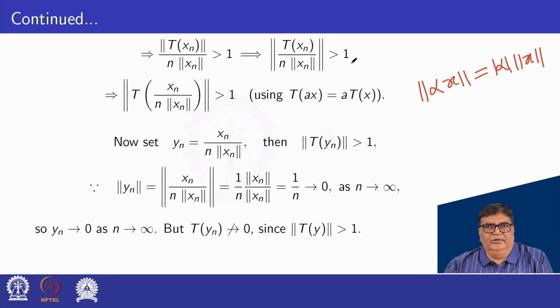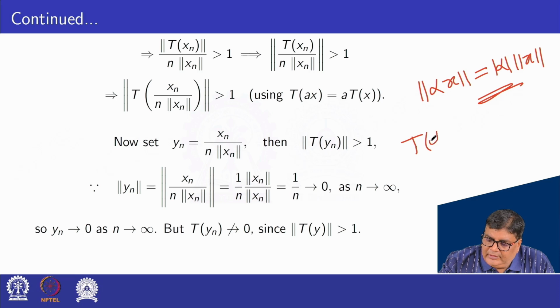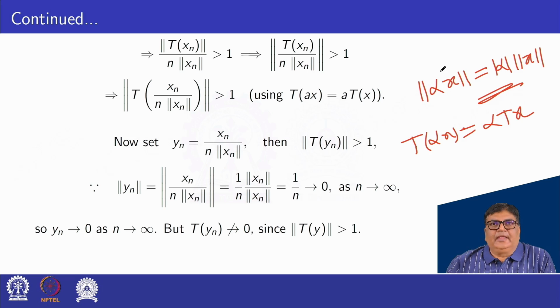Also, since T is linear, T of alpha x is equal to alpha Tx. So using this property, we can write norm of T of xn upon n norm xn greater than 1.